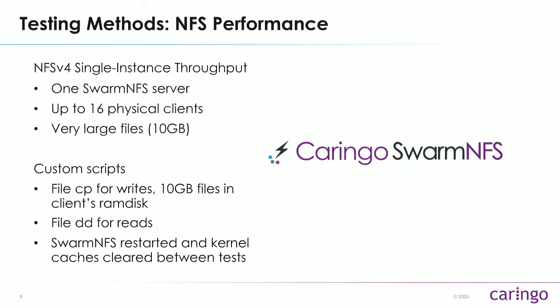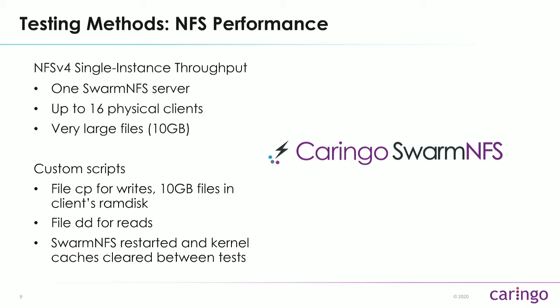Okay, so moving on to the NFS portion, we just discussed that Caringo Swarm can provide a single namespace between NFS and S3 HTTP. So it means that you can essentially export a bucket that is on your object storage system using Swarm NFS. That's the purpose of Swarm NFS.